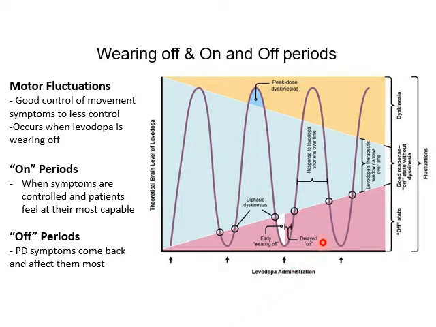In this graph on the right, the yellow shaded area represents dyskinesia, the pink shaded area shows the off state of the patient, and the blue area refers to the on state without dyskinesia.